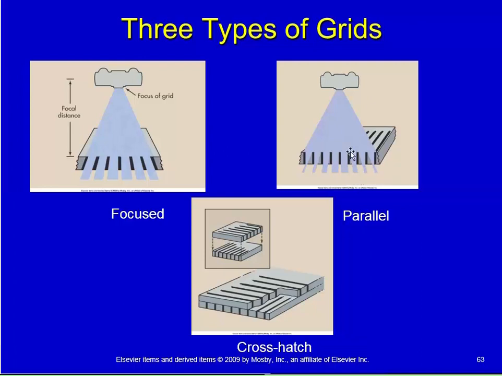So the grid strips absorb more X-rays because the hallways are not parallel to the grid strips as they are over here with a focused grid. So with a parallel grid, the further out you get in the periphery of the grid, the more grid cutoff you have. All of this cutoff X-ray beam is representative of grid cutoff. So you would see each one of these grid strips in a parallel grid, these less so than these.